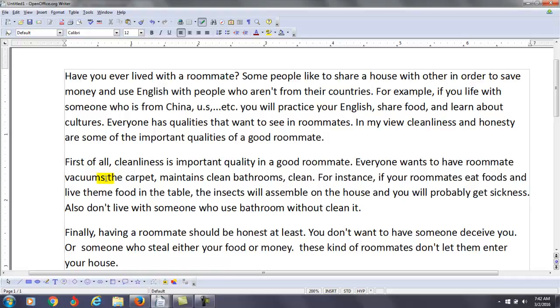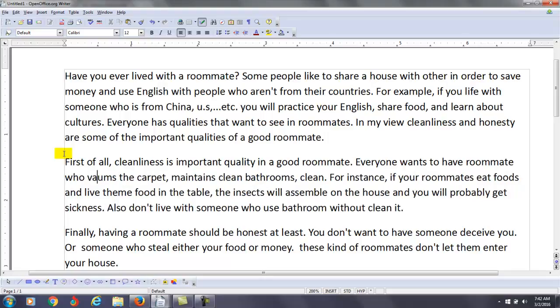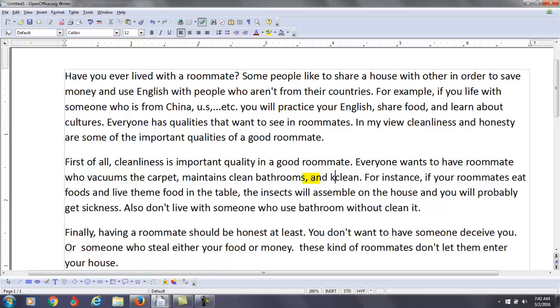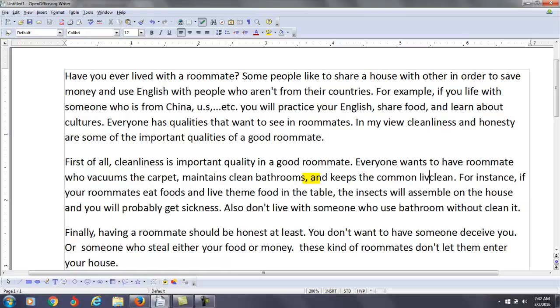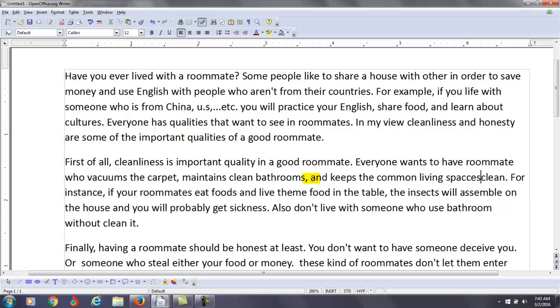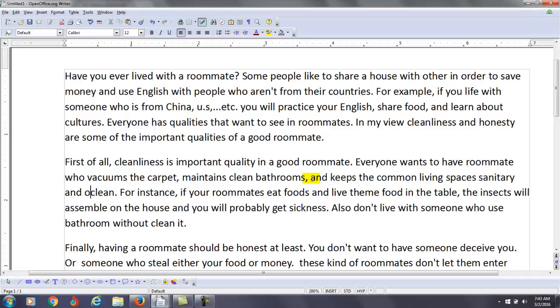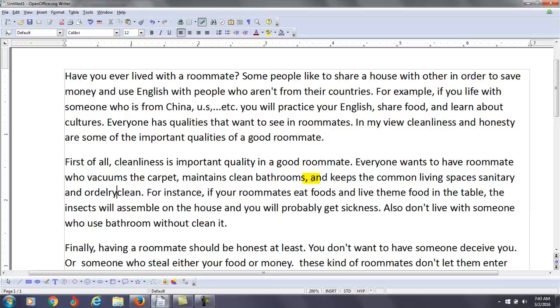Everyone wants to have a roommate who vacuums the carpet, maintains clean bathrooms, keeps the common living spaces sanitary and orderly.